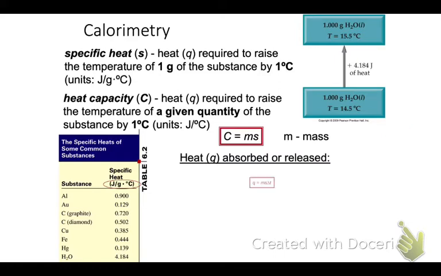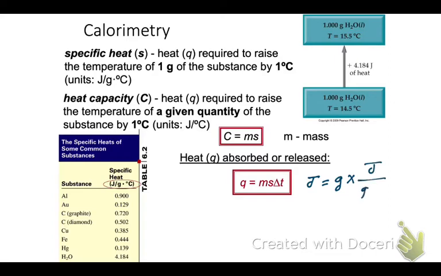Heat can be absorbed or released, and heat can be calculated by multiplying the mass of a substance times the specific heat times the change in temperature. Again, if I look at the units here, heat, which is joule, because heat is just a form of energy, is the multiplication of mass, which is a gram, times the specific heat, which is joule for every gram every degree Celsius, times the change in temperature, which is degree Celsius.